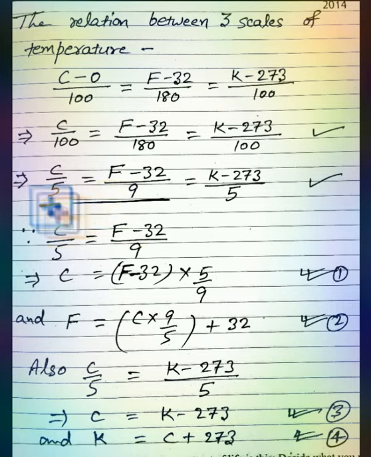This relation holds between all the three temperature scales. If you want to change a Fahrenheit reading into Celsius, put the value of Fahrenheit in place of F, and with the help of these two relations you will get the value in Celsius.